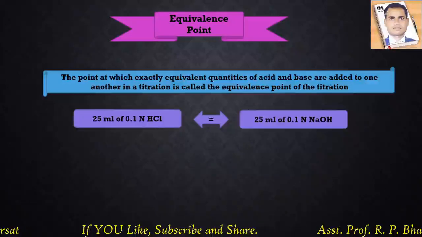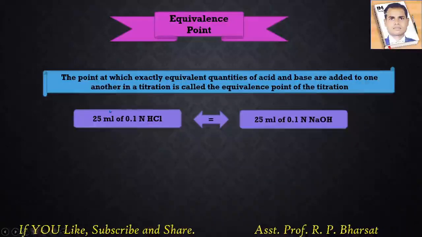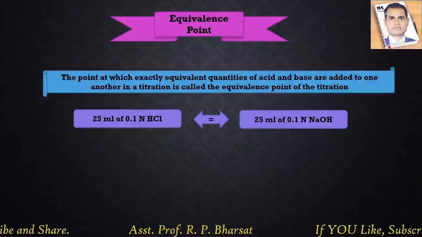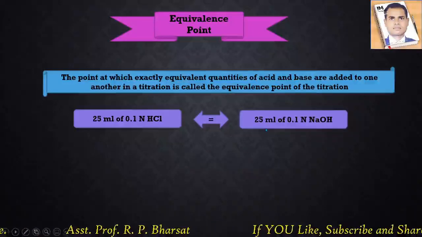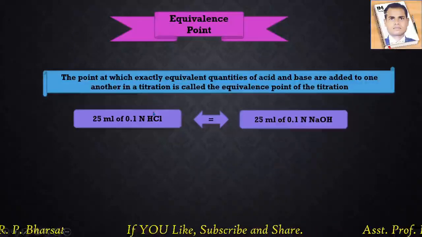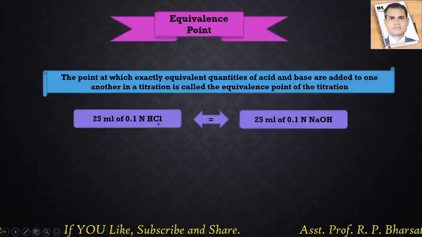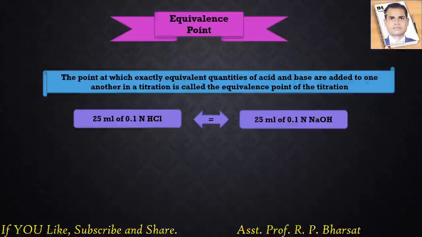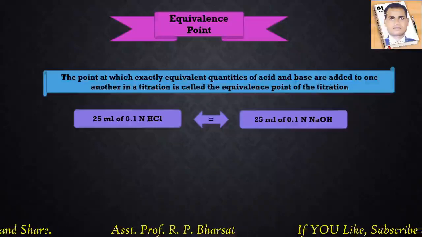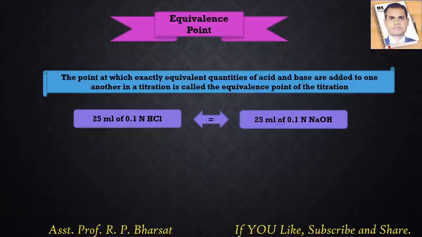For example, you can take 25 ml of 0.1 normal HCl and 25 ml of 0.1 normal NaOH. HCl gives 1 H plus ion, and NaOH takes only 1 H plus ion.